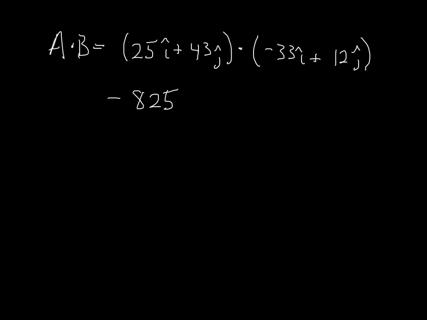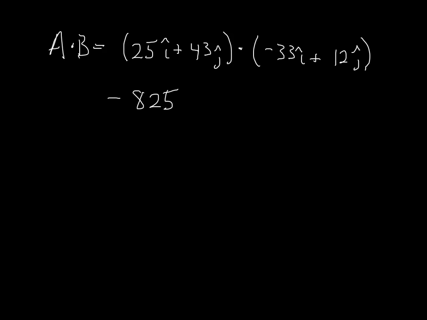What units? Ooh, I've dropped units when I'm solving. i hat times i hat. What's i hat times i hat? 1. i dot i is 1. They're parallel, same direction. You get 1.